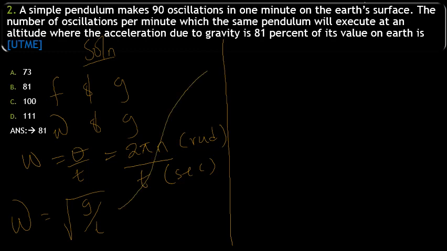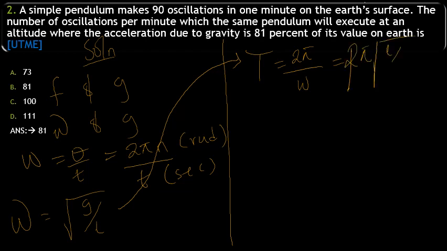Remember that T is equal to 2 pi over omega, but T is also equal to 2 pi square root of L over G. If you work this out, you will notice that omega is equal to square root of G all over L.